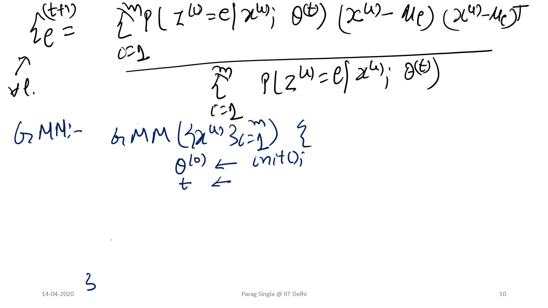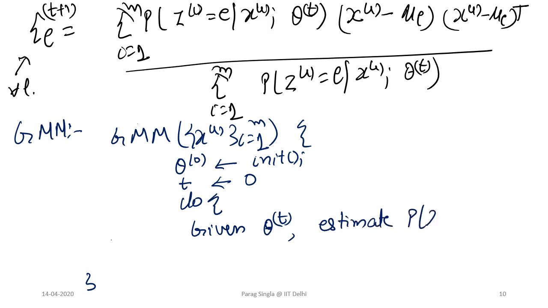This is your step equal to 0, and then you repeat the E step and the M step. The first one is, given theta t, the current set of parameters, estimate the cluster assignments, which is P of Zi given Xi parameterized by the current set of parameters, and this is exactly the E step as we have been talking about.